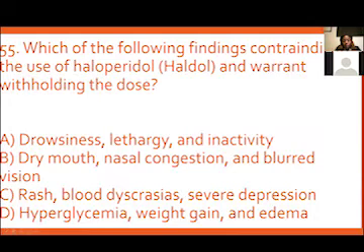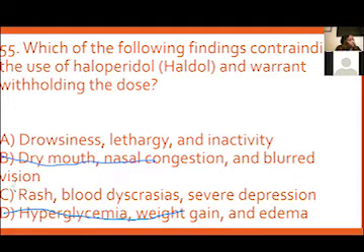So D is hyperglycemia, weight gain, and edema. They won't die from this. They won't necessarily die from drowsiness. They won't die from dry mouth. They won't die from hyperglycemia and weight gain.